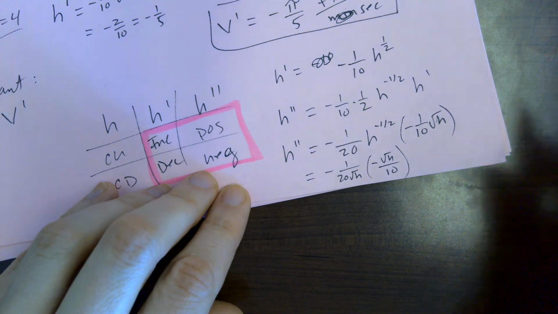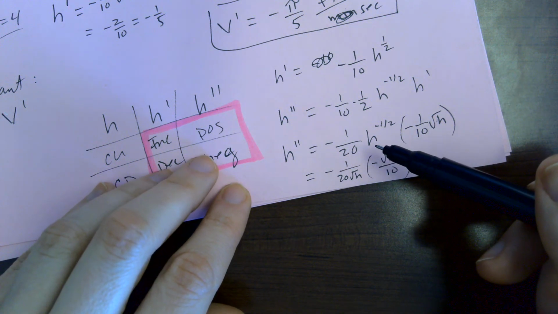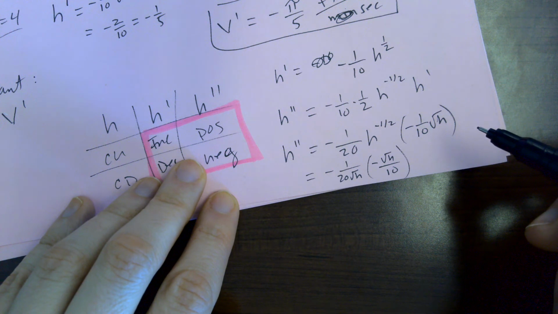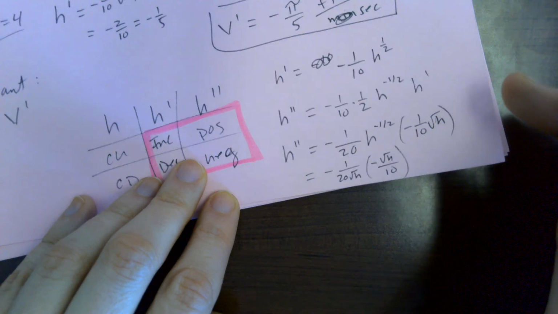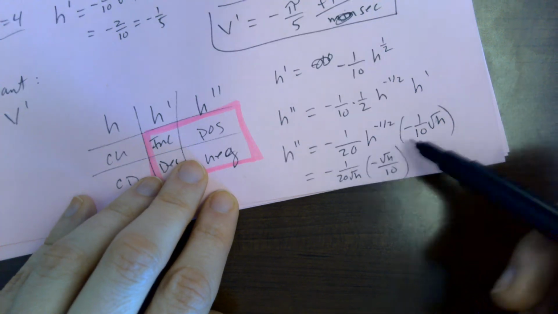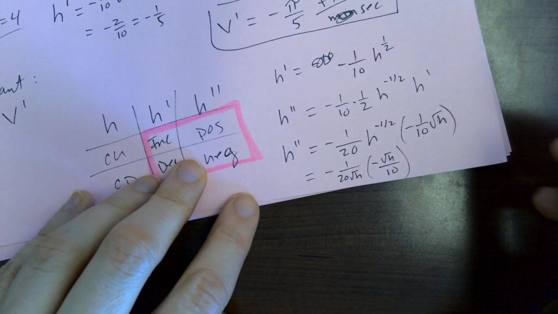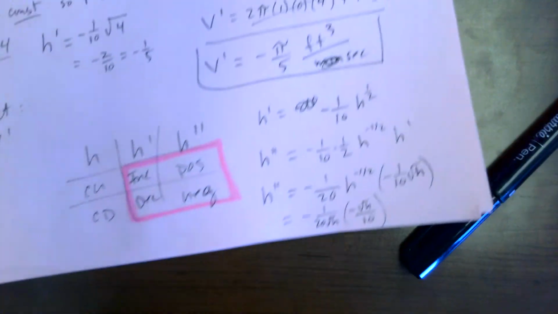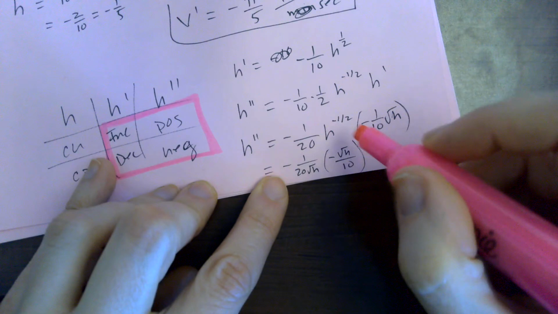Now we want H double prime when H is 3. You could go ahead and just plug 3 in for H, but it actually turns out that these are going to cancel no matter what.